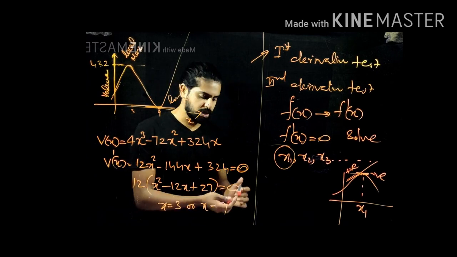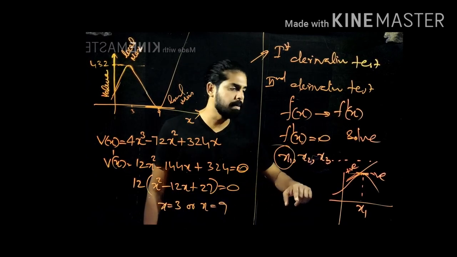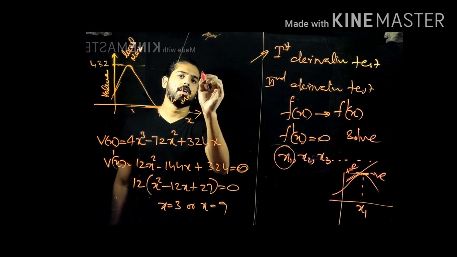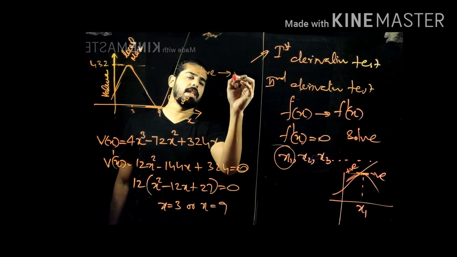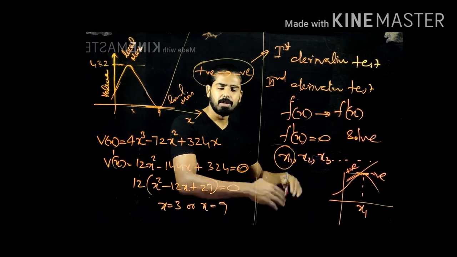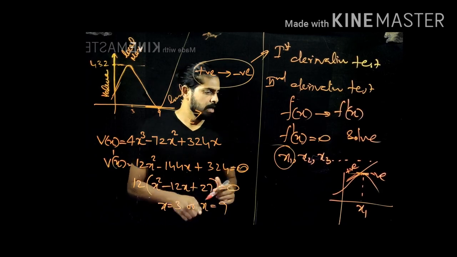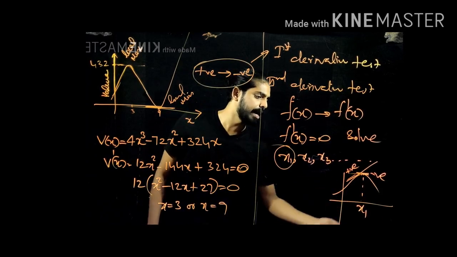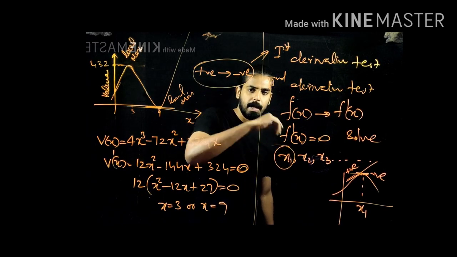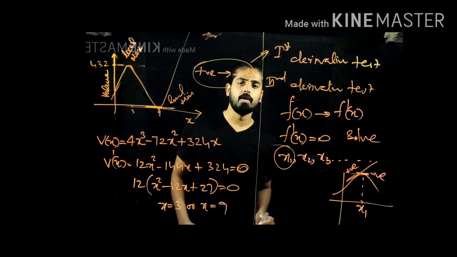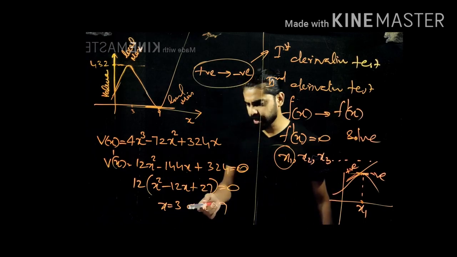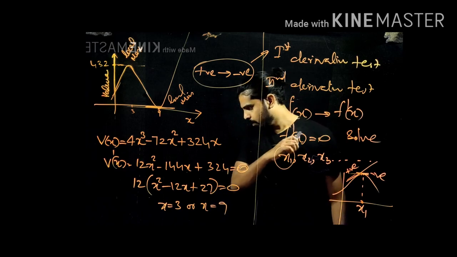So the derivative will change its sign from positive to negative while going through x1 from left to right, meaning a positive slope to a negative slope. Then that point x1 will be a point of local maxima. Let's check this in this problem.